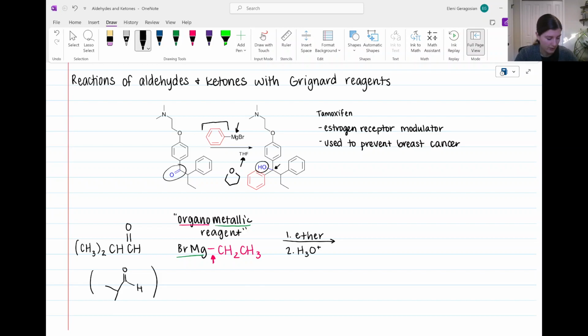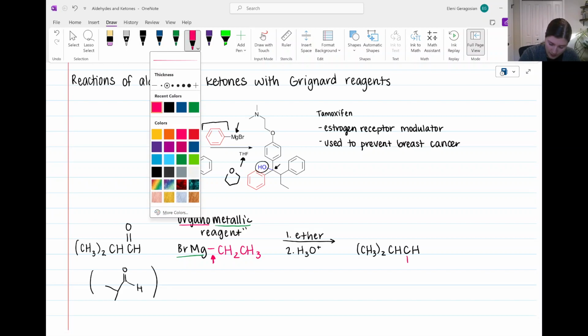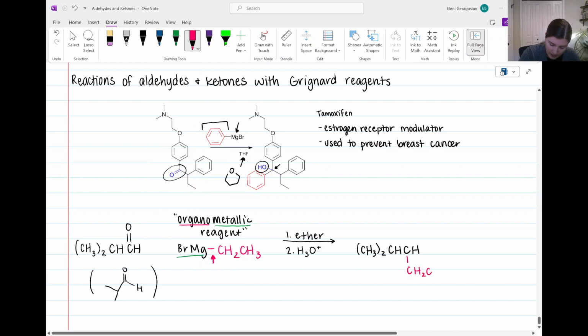Then the final product here, we are adding the organic part of the organometallic reagent to the carbonyl carbon, and the carbonyl oxygen becomes an OH group. So the final product looks like we still have our 2 methyl groups, we still have our CH, and then the carbonyl carbon is now bonded to the methyl group from the organometallic reagent.